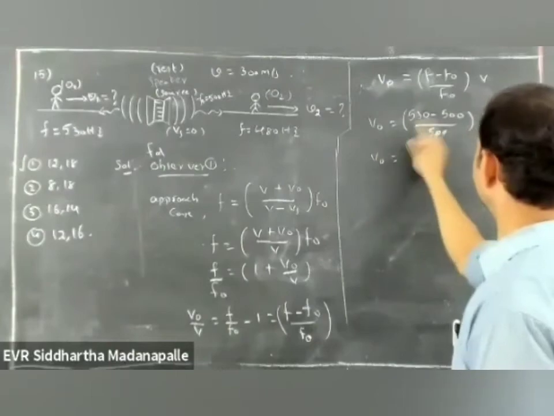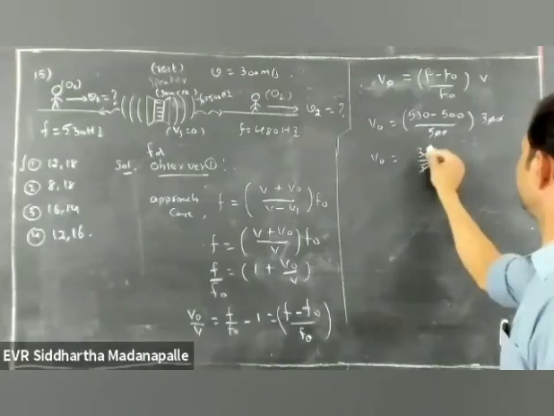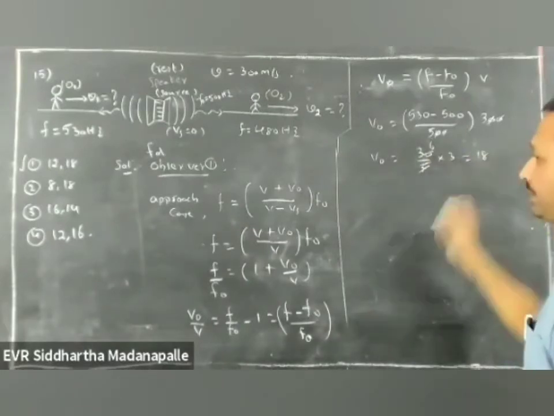So V naught value is 18: 30 by 500 into 300 is equal to 18 meter per second.